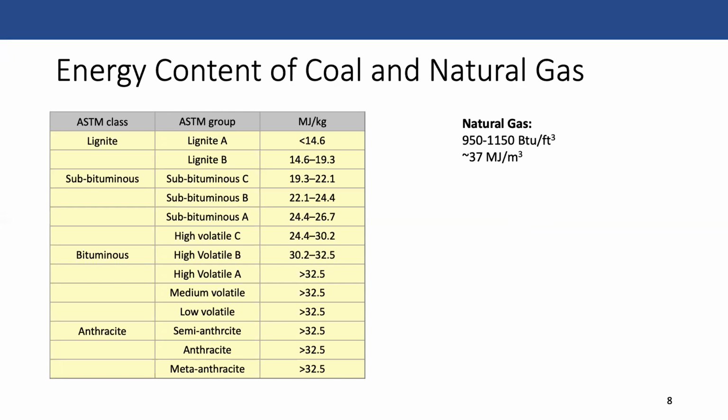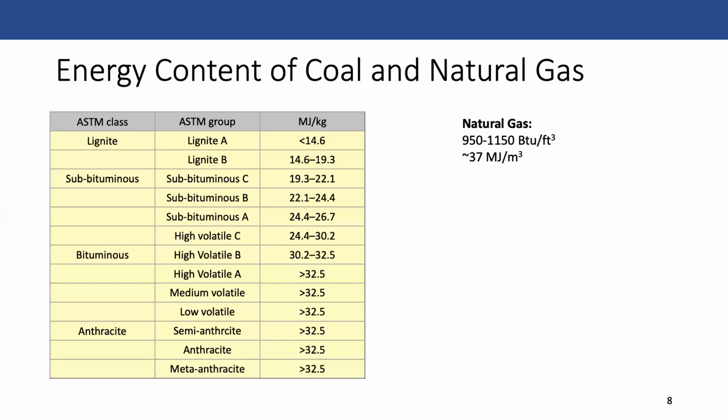But in reality, you actually have a fairly wide range of energy content. In fact, the worst sort of coal, lignite over here, can have less than half the energy content of some of your higher grade types of coal.